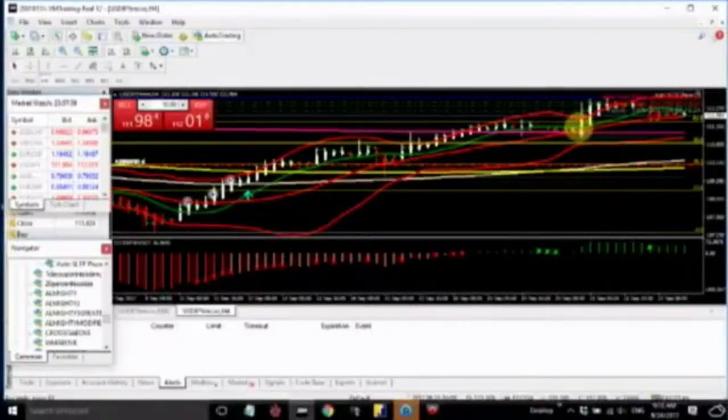Look at what happened here too, touching the middle band and reversing to the original trend. Look at what is going on here. This is touching the middle band of the Bollinger Band. While it is touching it, the 30-minute chart is paying a visit to the moving average period 200.